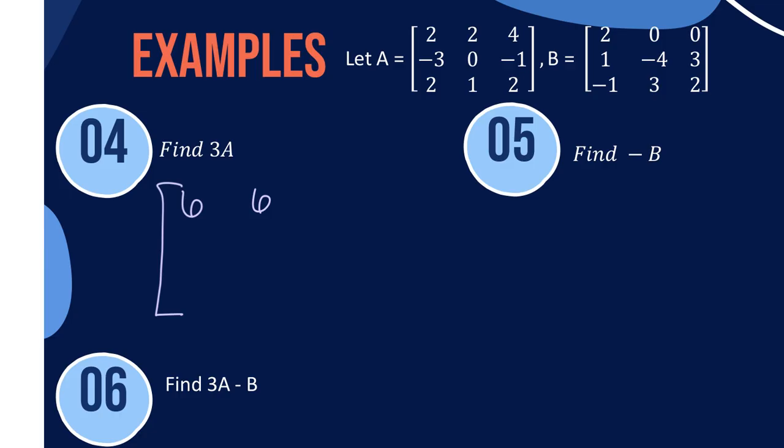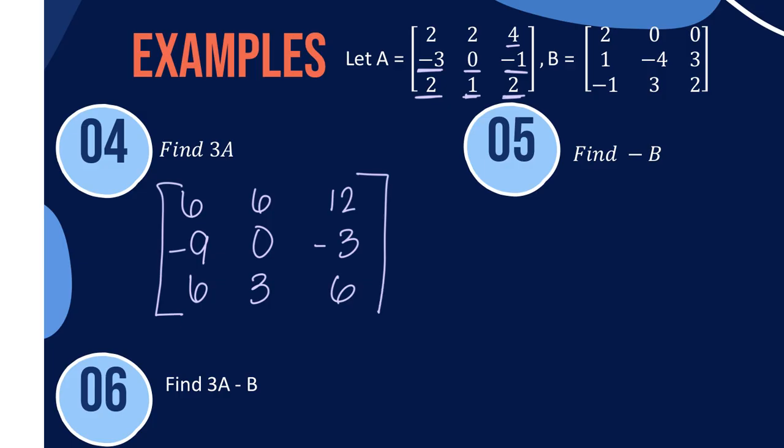Now I'm going to go ahead and do 3 times 4, which I'm going to end up with 12. 3 times -3 would give me -9. 3 times 0, I'm just going to get 0. 3 times -1, I'm going to end up with a -3. 3 times 2, 6 again. 3 times 1, 3, and 3 times 2 would be 6, and I'm done. So again, follow what they're giving you. They're telling me I'm 3 times A. I'm going to go ahead and only use A.